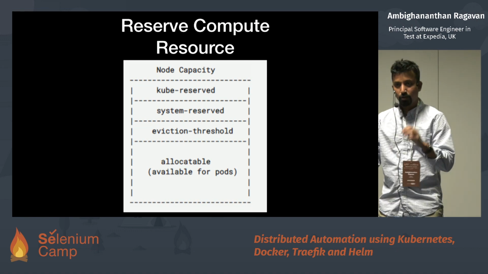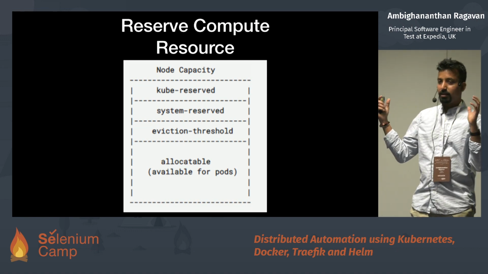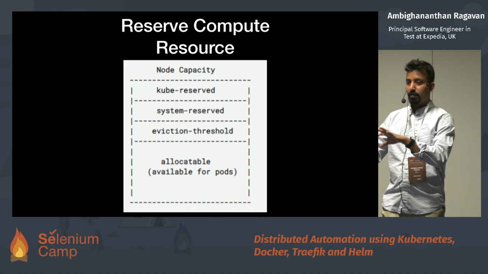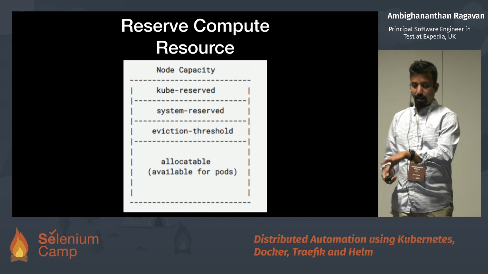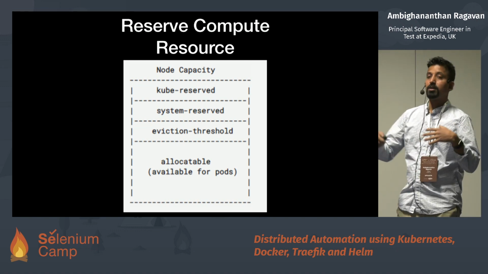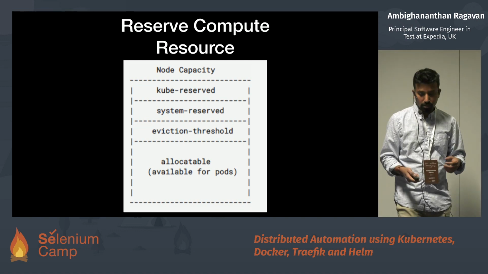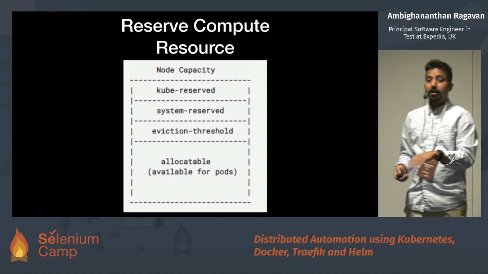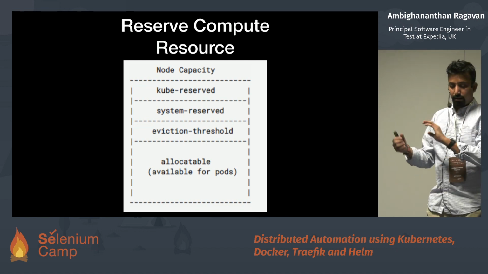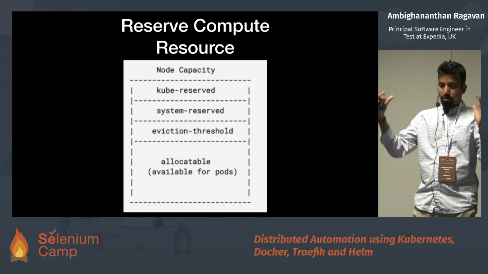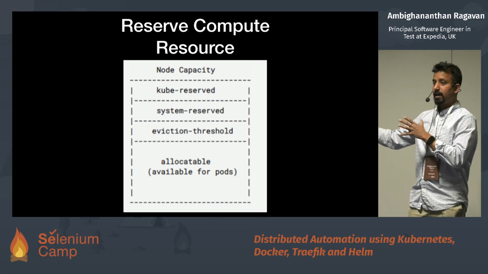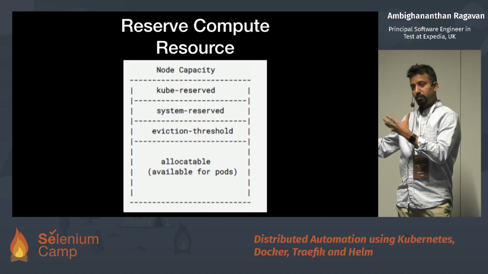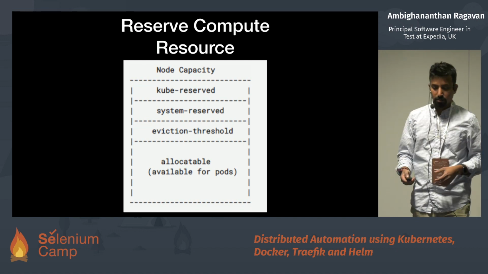If those two processes go down, there's no point, everything will fail, whatever is running on that worker node. So you need to allocate enough memory, and system reserved is for kernel and system processes. And also you specify an eviction threshold, and the whole resource of memory and CPU minus this is what the pods can actually use for running Chrome and Firefox browsers.